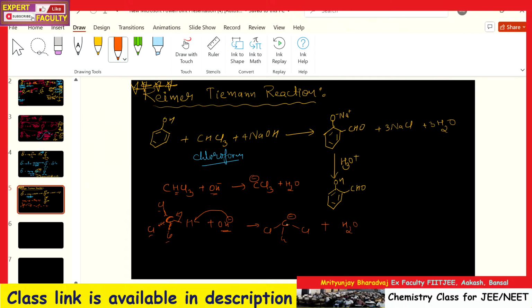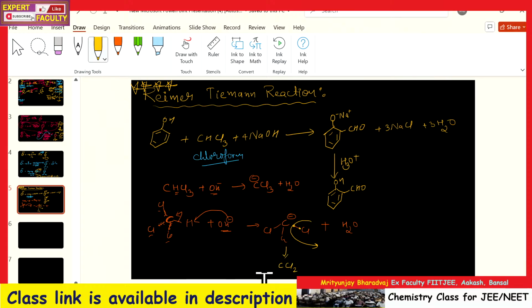Look, now the carbon is negatively charged and it is bonded with a highly electronegative atom. So this Cl will take away the bond pair. And then it becomes CCl2. Will it be positively or negatively charged? When this CCl2 forms, neutral. How many electrons will be present in the valence shell of CCl2?